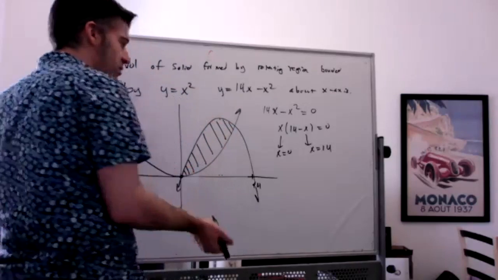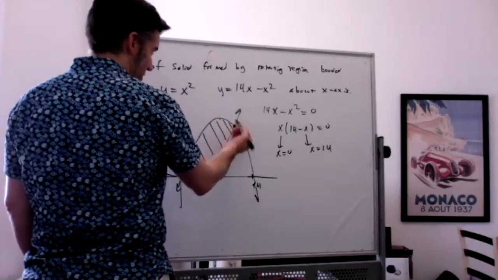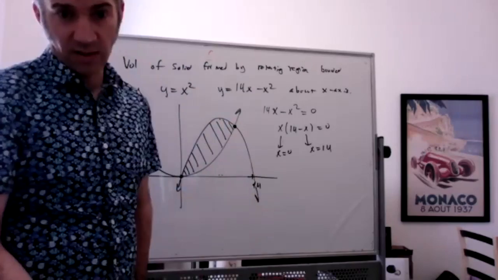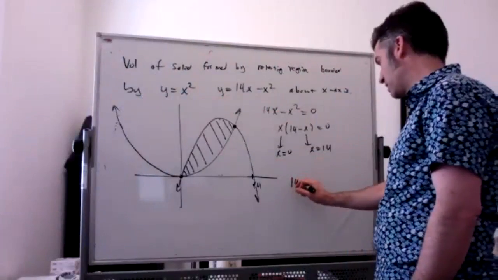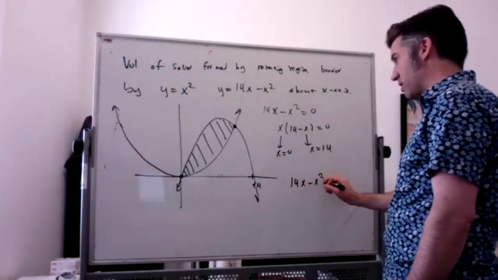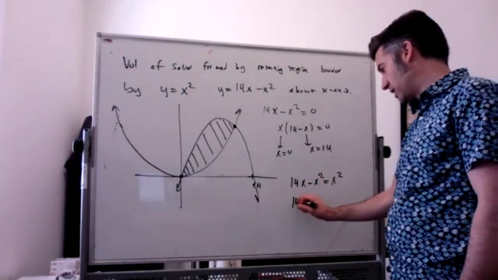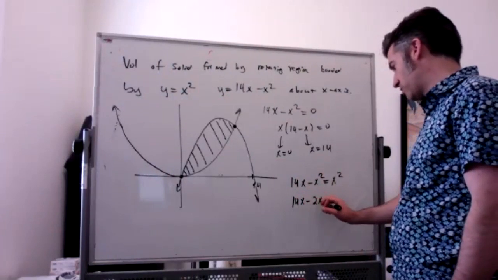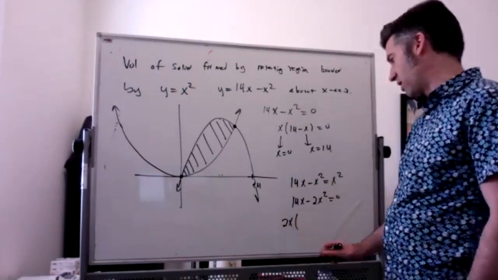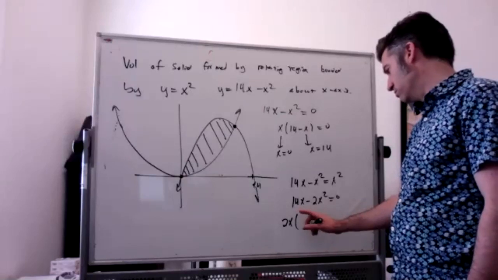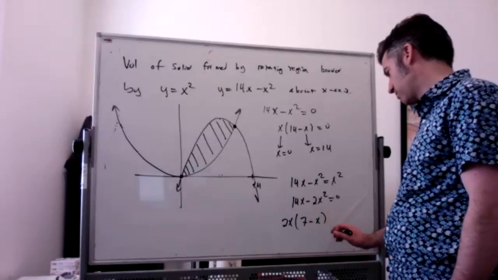The graphs clearly intersect at 0, 0. The graphs also intersect somewhere else, so we need to figure out where. We set 14x minus x squared equal to x squared, bring that over, and I get 14x minus 2x squared equal to 0. Factor out a 2x, and you're left with 7 minus x.